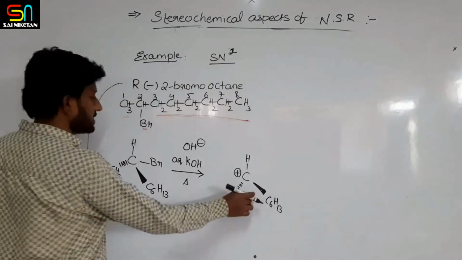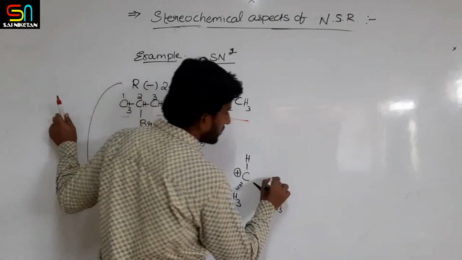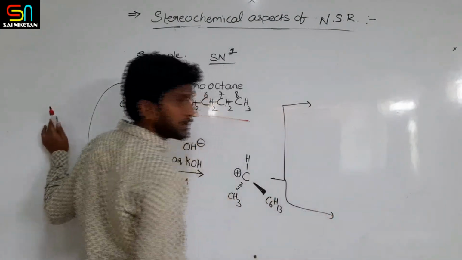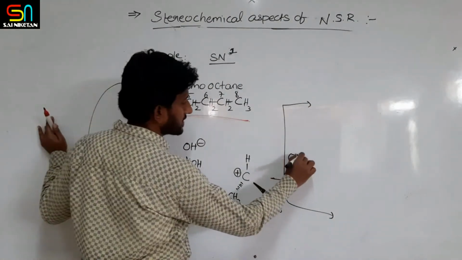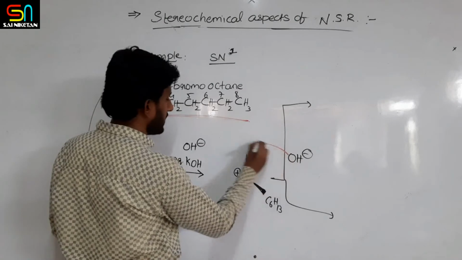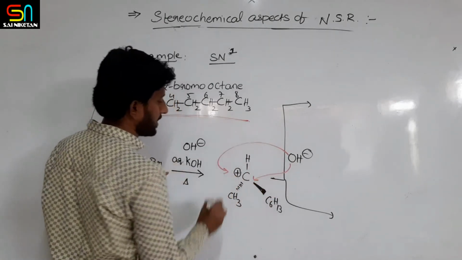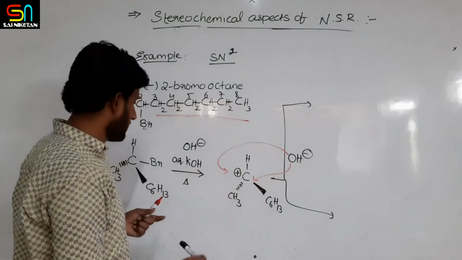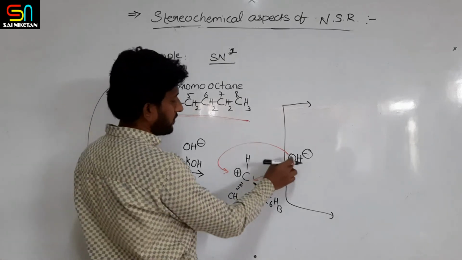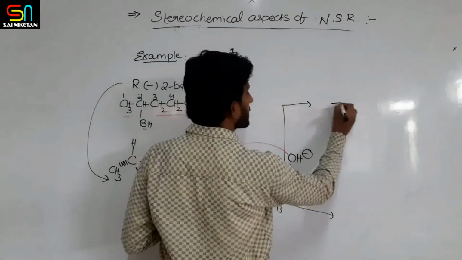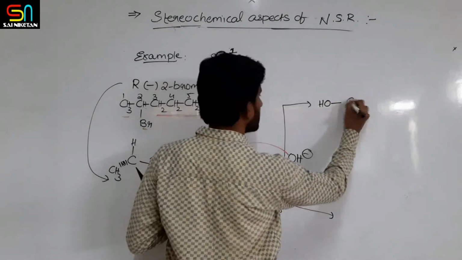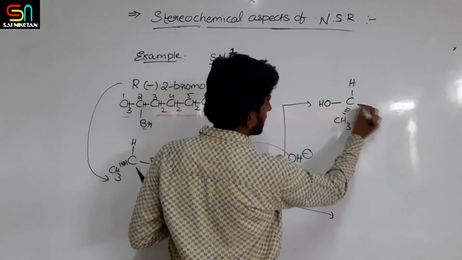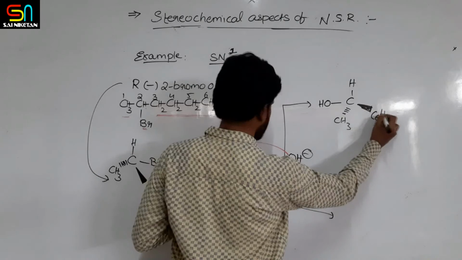Now this carbocation is trigonal planar, right? Now the OH minus can attack from any one side because it is trigonal planar. It can attack from left side or right side. So if the OH attacks from this side, then you will get like this: OH, CH3 on dotted line, and thick line I am writing C6H13.